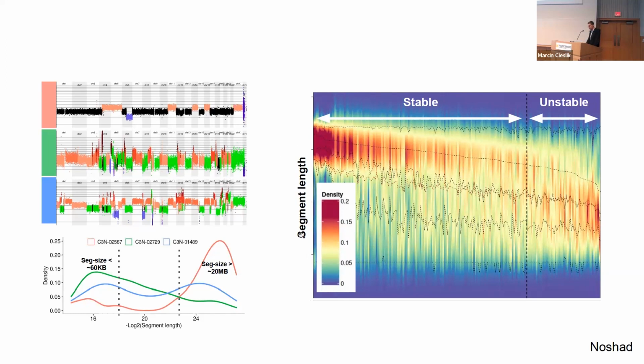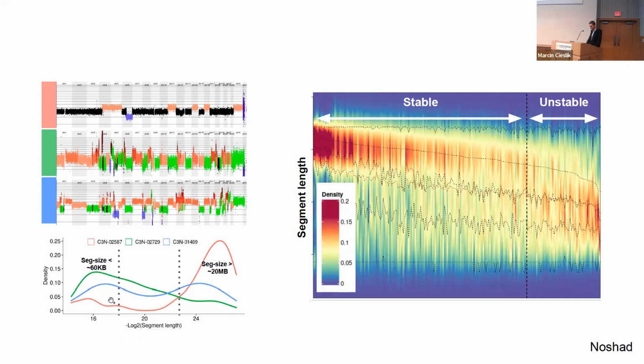So he looked at segment length, and he compared the density of the segment length distribution. This is not a commonly prepared plot, perhaps to our benefit, but it shows that there are some tumors which have the majority of segments long, and then there are some tumors which have the majority of segments very short. You can see it also here on this density plot.